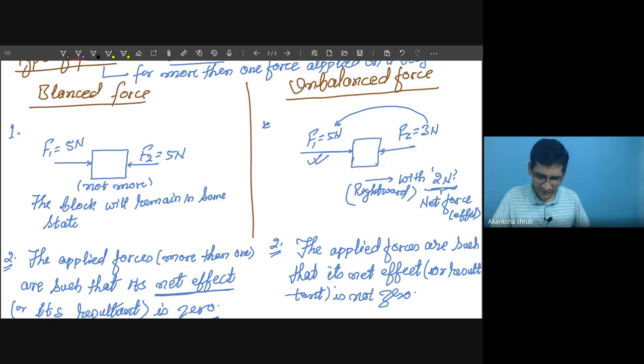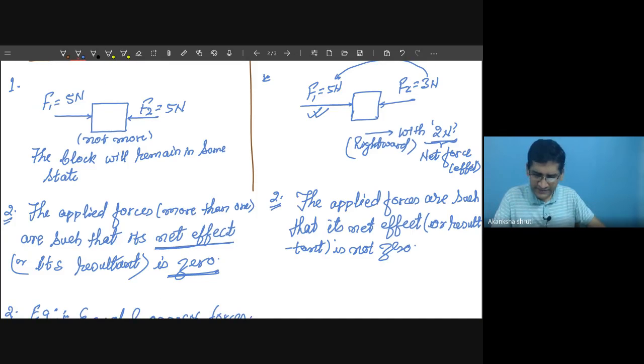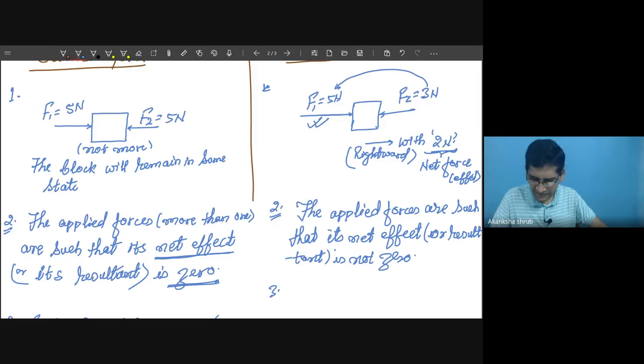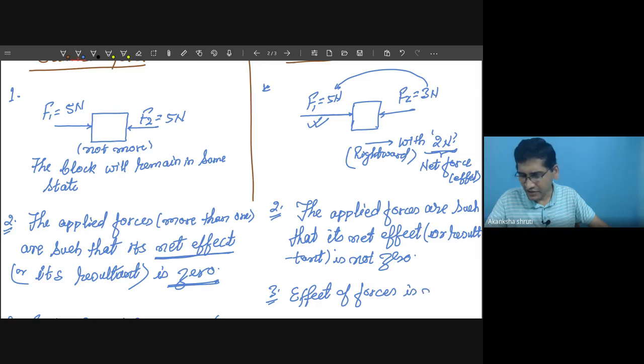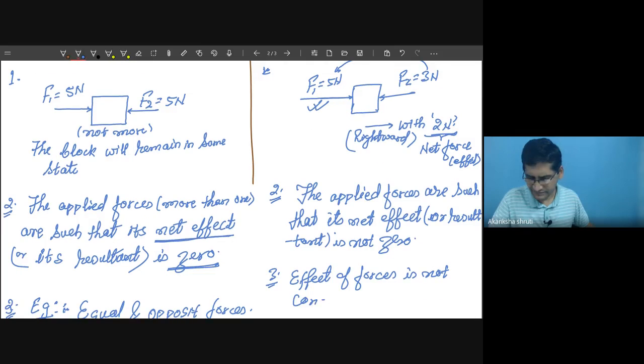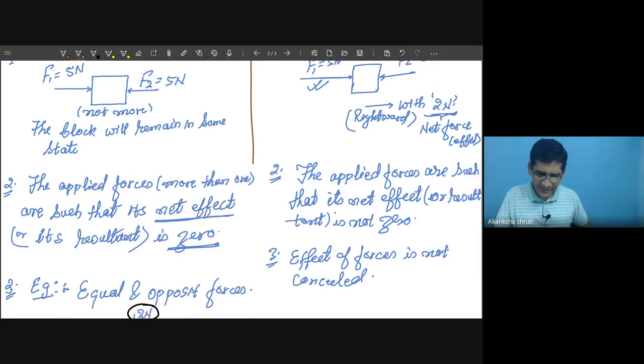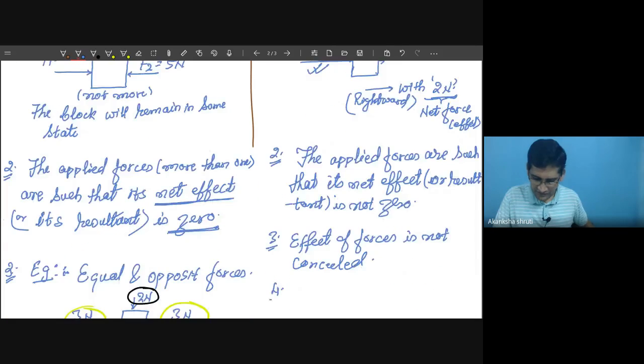Means what? These forces do not get cancelled. So the different forces applied are not cancelled. So there is always a net force in this case.